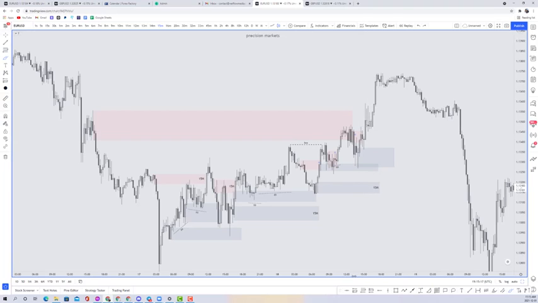A lot of times I'll stay out of the 4Rs and the 3Rs. If there isn't enough distance between me and the higher time frame supply to at least break even, I don't want to get involved. I know some of the trades I've gotten sent to me in the DMs, there's people buying in here, and I'm not saying it won't work for you. There will be times where it will, but more often than not, you want to be able to go up and break even.